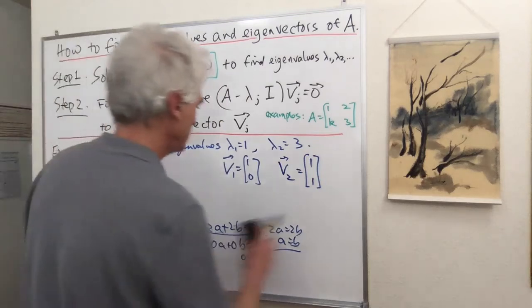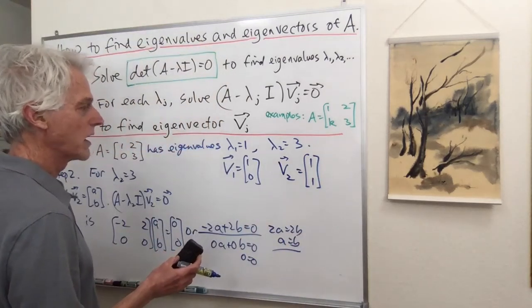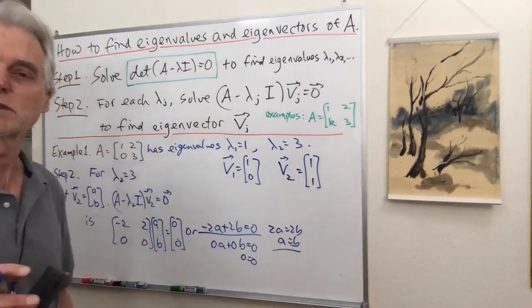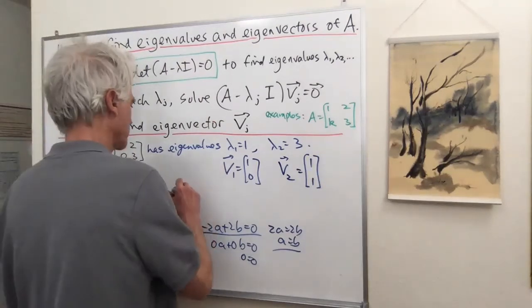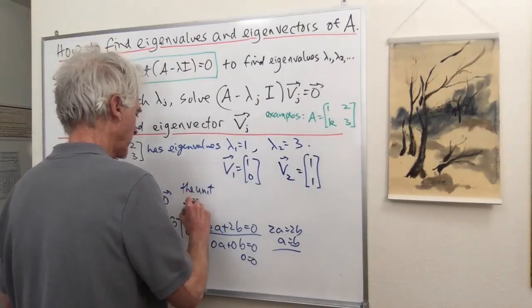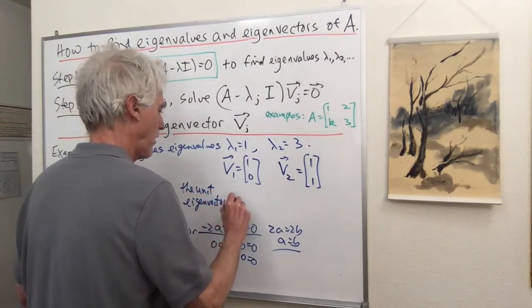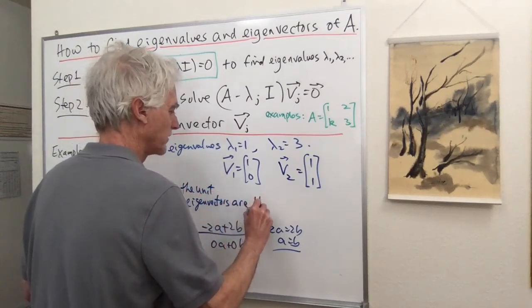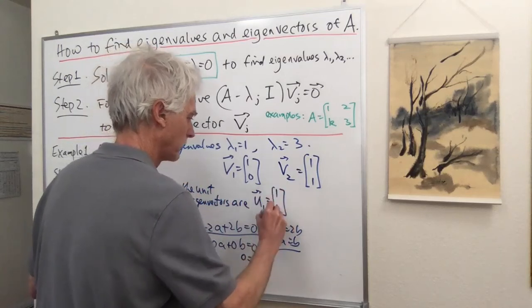Now, one of your Webwork problems actually wants unit eigenvectors. The unit eigenvectors are, let's call it U for unit vector. U1 is 1, 0.